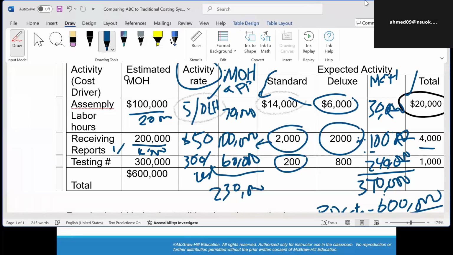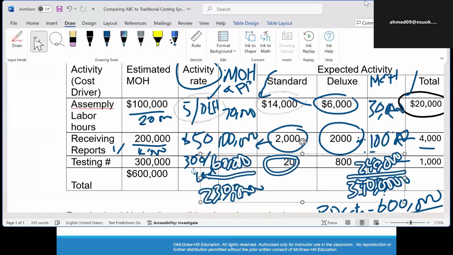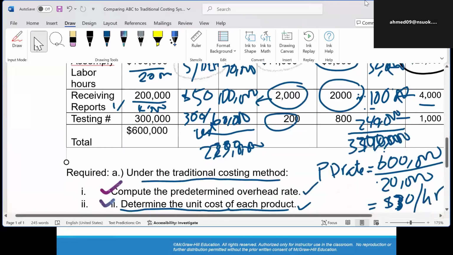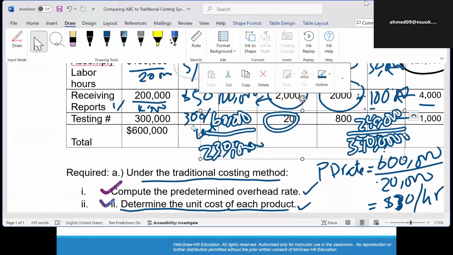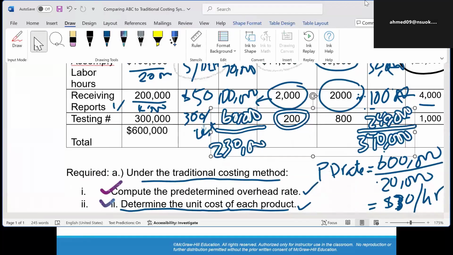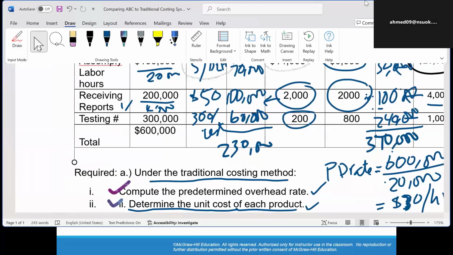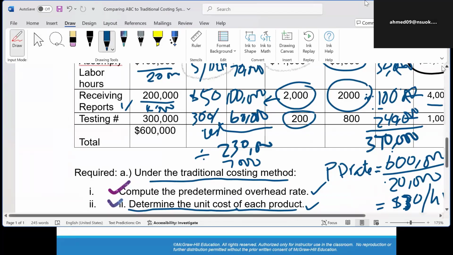So you divide the 230,000 by the 7,000 units. Where did that 7,000 units come from?